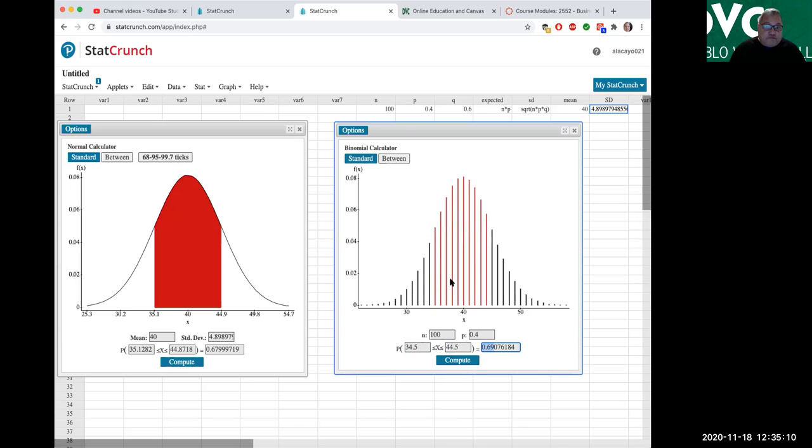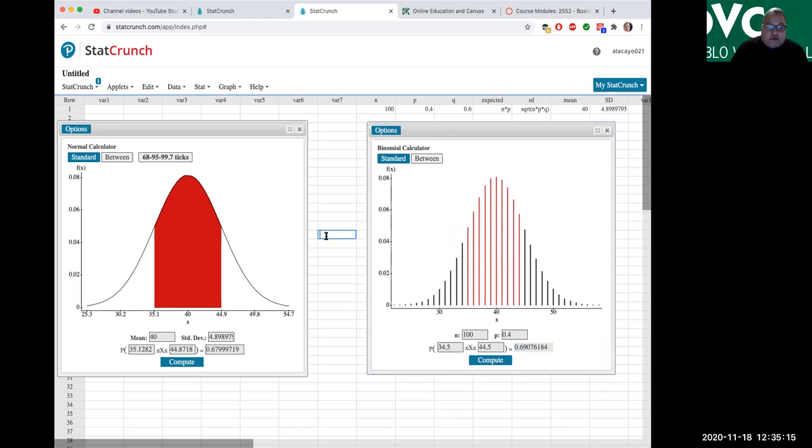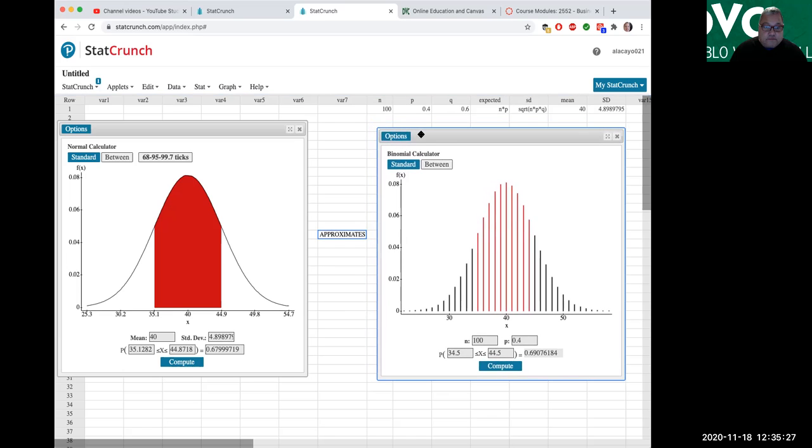So notice how very similar the curve on the left is, notice how the normal model approximates the binomial story on the right. Normal on the left approximates the binomial on the right.